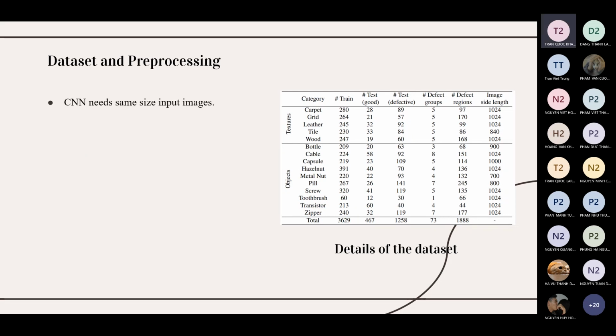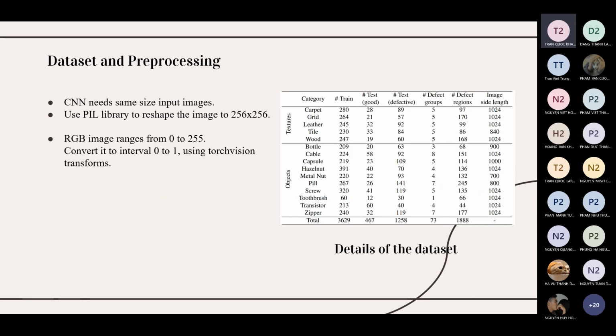Okay, you can see in the shape of the images here that for different categories the image shape is different. For the CNN model, we need a fixed shape as input to the CNN, so we reshape the image to the size 256 by 256.